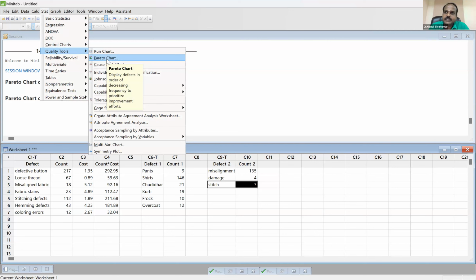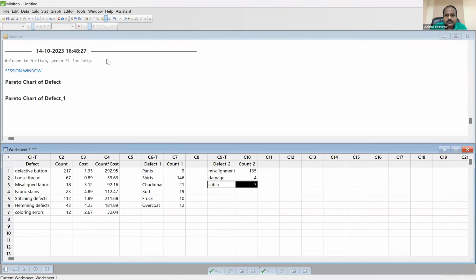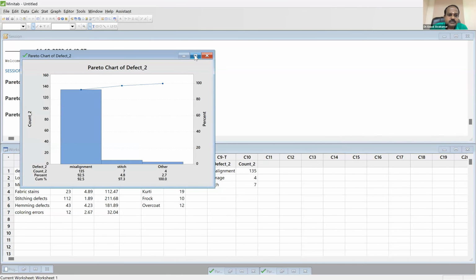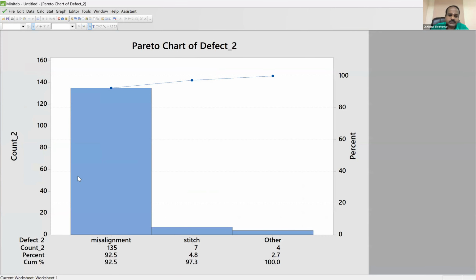There is also a description here for Pareto. You can learn also. It displays defects in order of decreasing frequency so that you can prioritize your improvement efforts. So I click this. This time I will go with C9 and then C10. And now the final Pareto is telling me this.